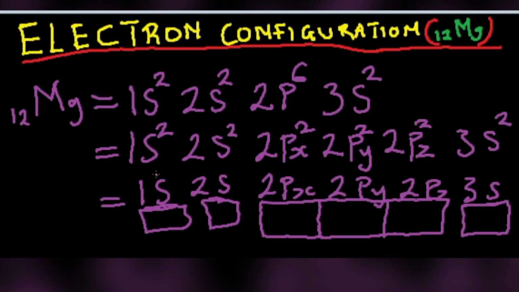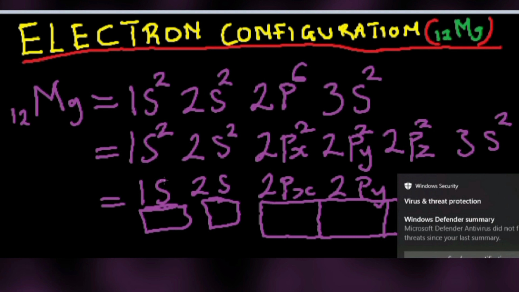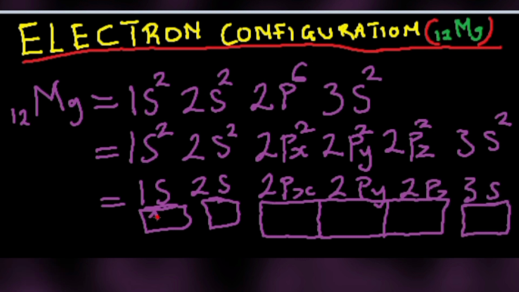According to Wolfgang Pauli, each orbital can take a maximum of 2 electrons, and they must have opposite spins. So we have one spin up, another spin down, opposite spins, clockwise and anti-clockwise. Then for the degenerate orbitals, according to Hund's rule of maximum multiplicity, we first fill them singly, right?